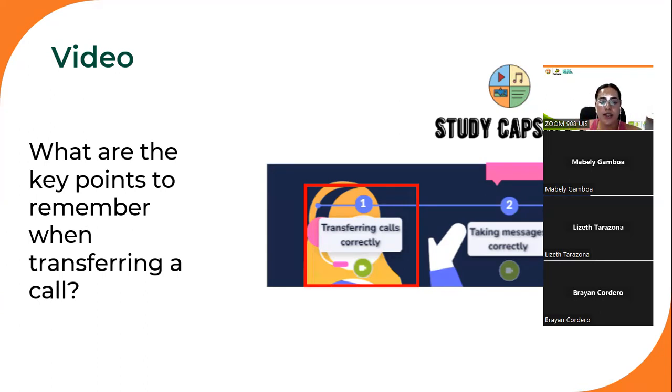Be sure the transferred call is picked up quickly. Yeah, so don't leave the person waiting on the line again when you transfer them, but make sure that this call is answered rather quickly. Introduce the call when transferring, all right? Yes, to give some information to the new agent that will be taking the call.